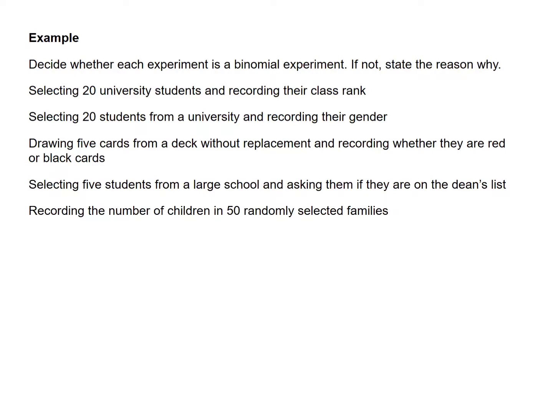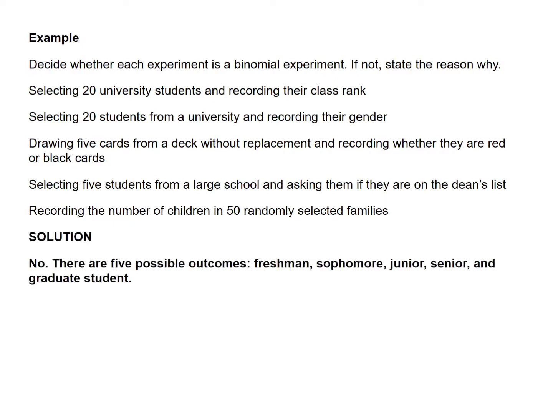Well, we have four things that we have to care about: the probability not changing, dependent or independent, and 2 outcomes. For this one, the answer would be no, it is not a binomial experiment. Why? Because there are 5 possible outcomes: freshman, sophomore, junior, senior, or a graduate student. So there are more than two outcomes.